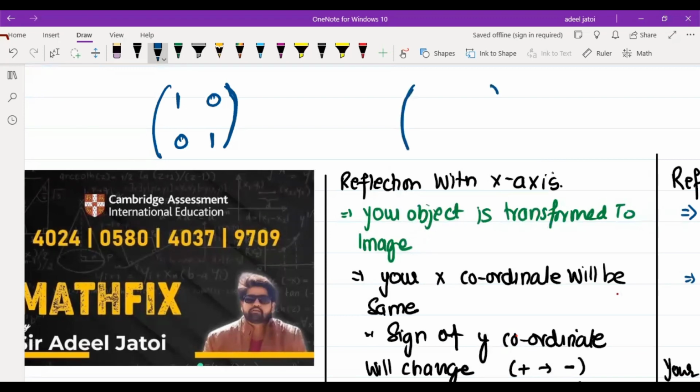So the matrix for reflection in the x-axis is 1, 0, 0, minus 1.